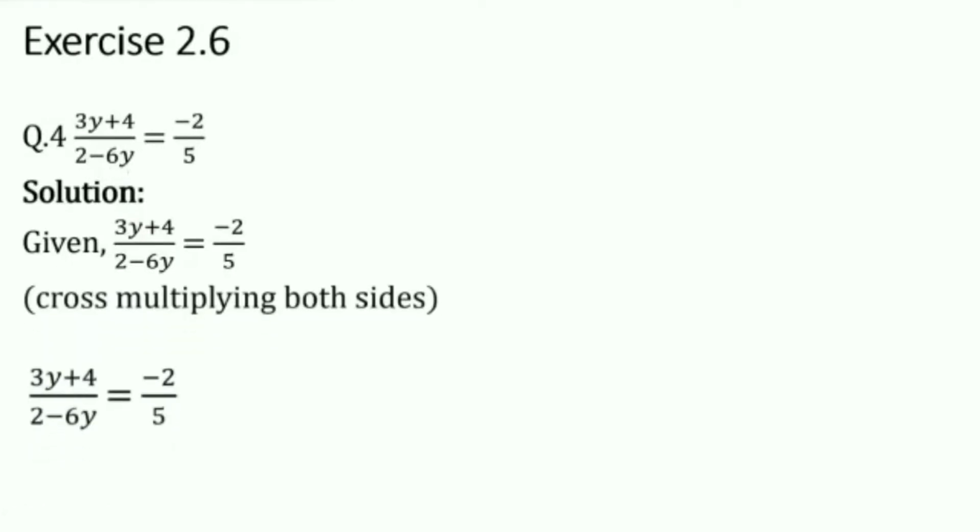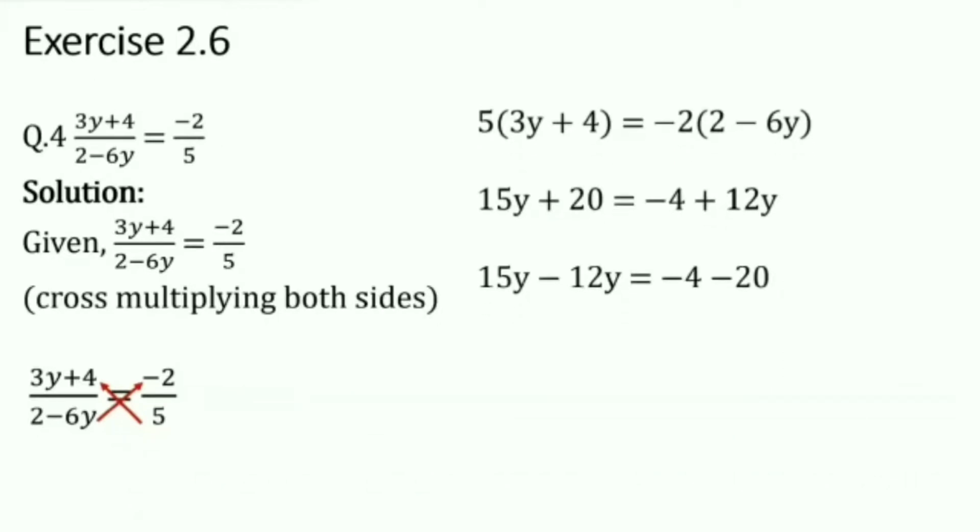So we'll write it as 5 into 3y plus 4 is equal to minus 2 into 2 minus 6y. So simplifying and opening the bracket, we'll get 5 3s are 15y plus 5 4s are 20, equal to minus 2 into 2, minus 4, and minus 2 into minus 6, plus 12y.